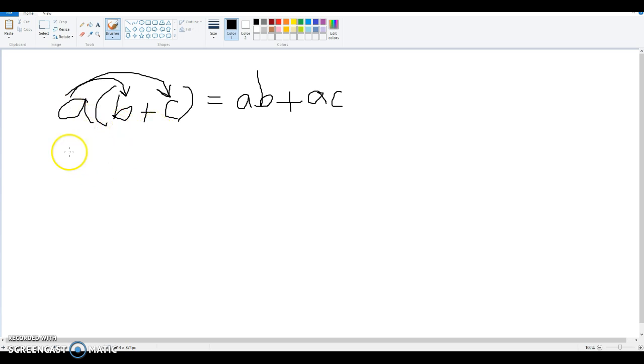But this can be generalized to polynomials of any degree.